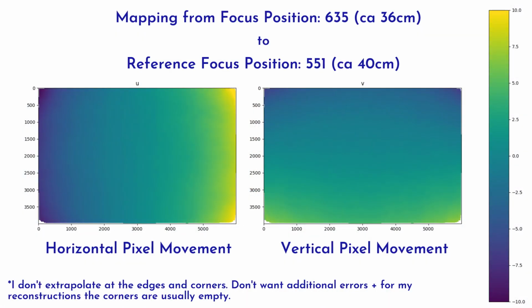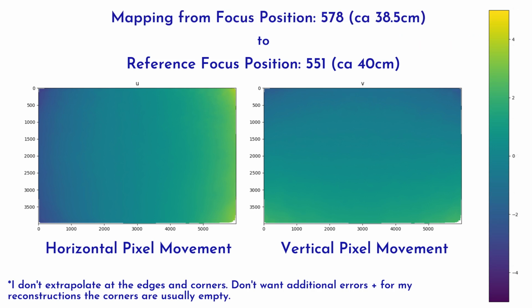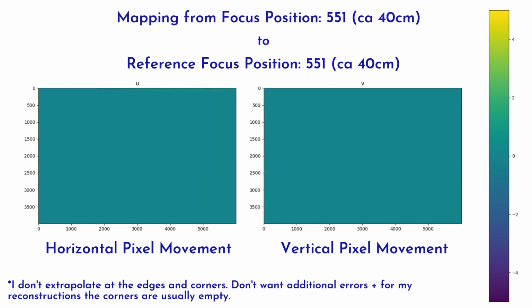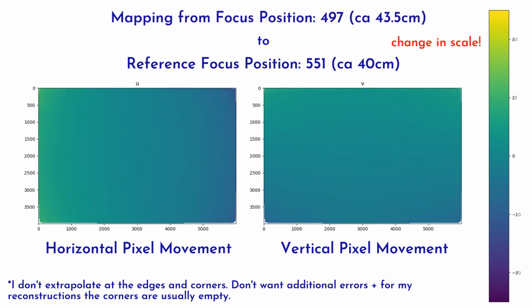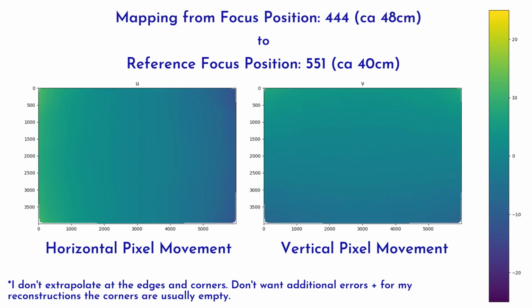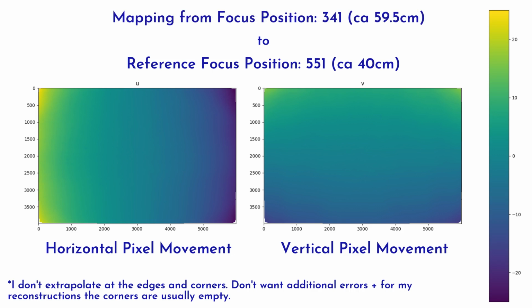Then, I'm not running the image alignment that we saw earlier because it takes a fair bit of time. Instead, I've created another mapping. If I know the focus position at which a photo was taken, then I only need to apply the mapping to take the photo from the focus position at which it was taken to a reference focus position that I set in advance. And that has two advantages. The first is that just applying a mapping is a lot faster than doing the whole alignment process every time.